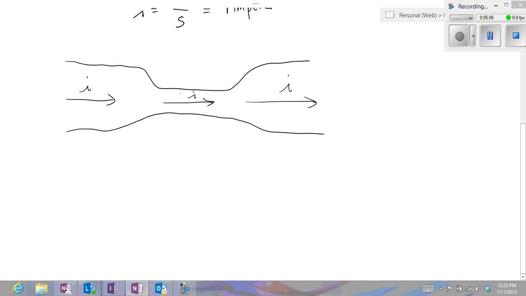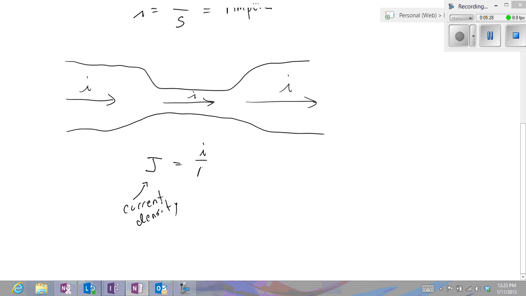The thing to remember, though, is that the current density, which is this new concept, we can define as the current per unit area, or current per cross-sectional area.